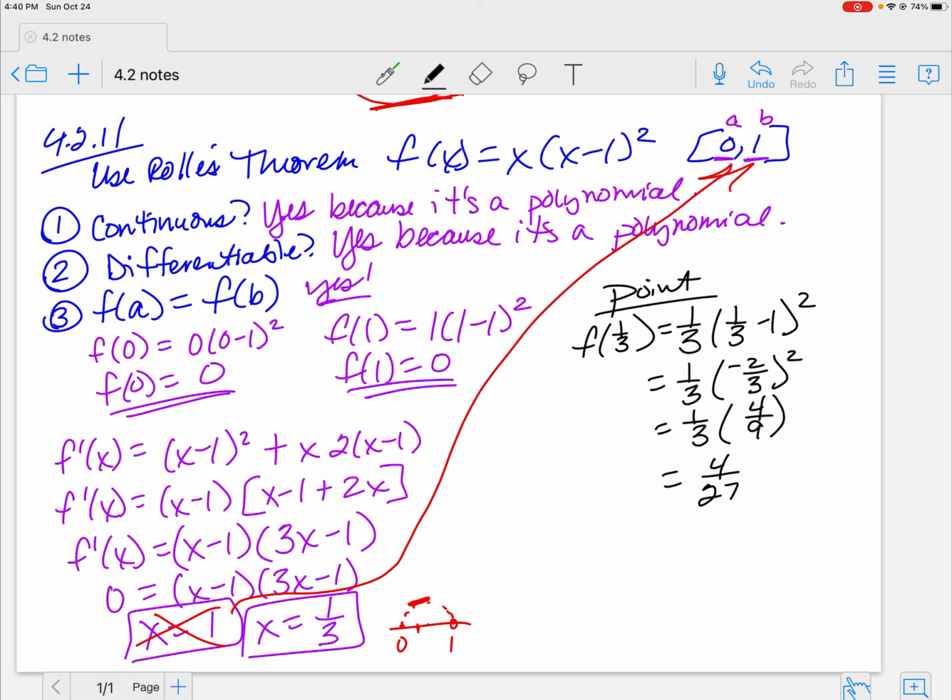So that's 4/27. So my coordinate point is 1/3, 4/27. It's not that bad to find those. Right? Okay. So if you want to find the actual point, you plug it back into the original, because just like when we were graphing, the original is where you get your points from it. All right. Good job.